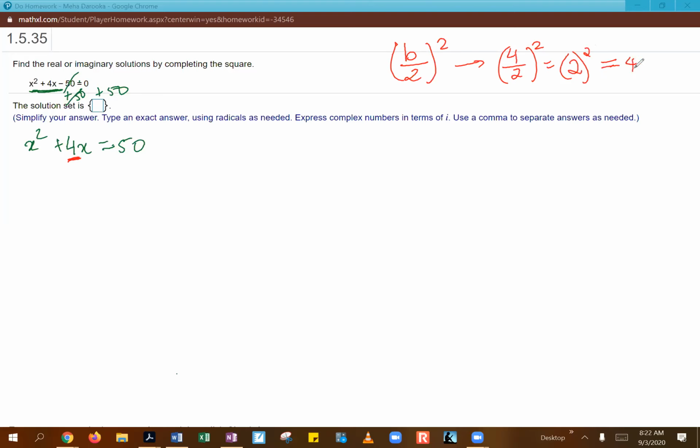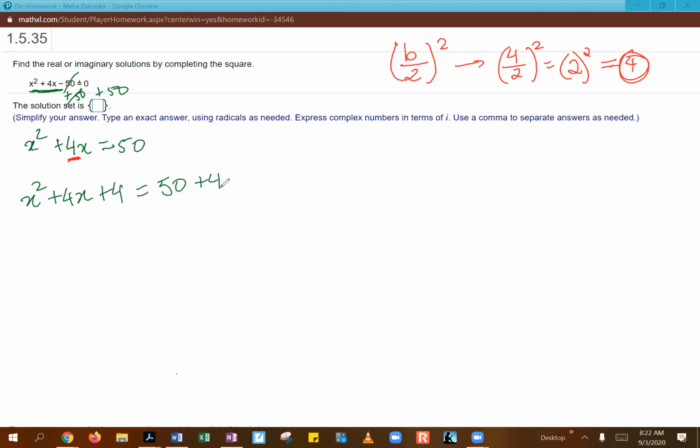So 4 is the number we need to create that perfect square trinomial. This 4, we are now going to add to both sides of our equation. That means we will have x squared plus 4x plus 4 on the left-hand side, and then 50 plus 4 on the right-hand side.